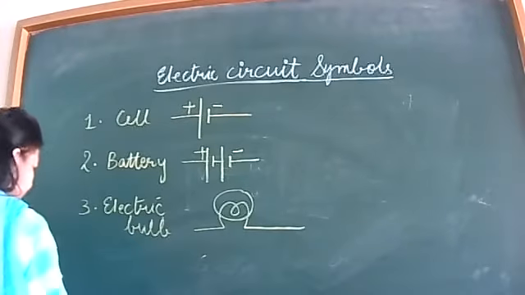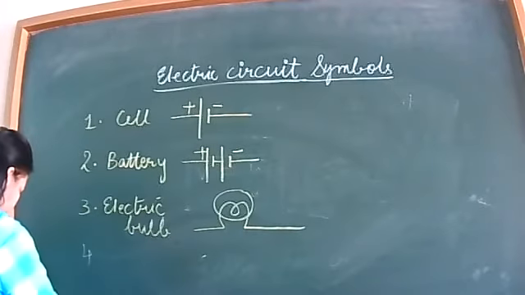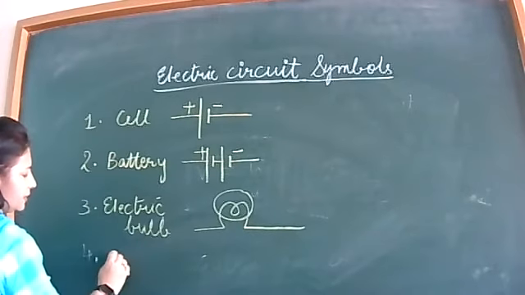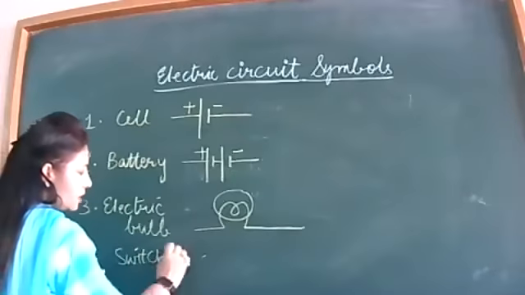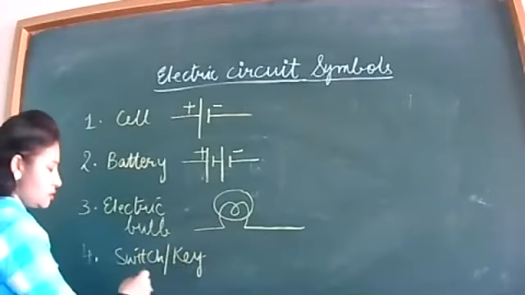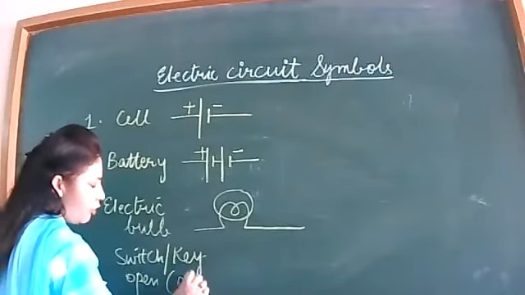Right. Next is the symbol of a resistor. चलो switch बनाते हैं पहले. Switch or key. Now the switch may be open also, may be closed also. तो पहले open switch बनाते हैं. Open switch means off.